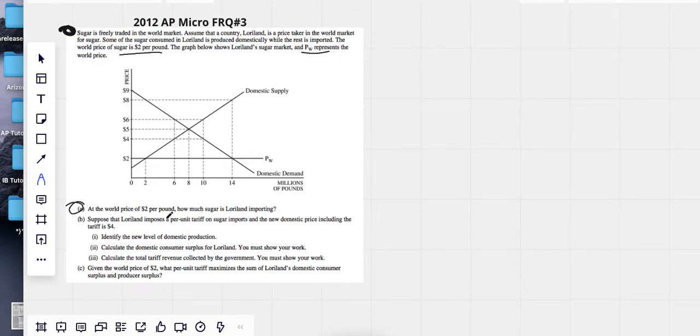At the world price of $2 per pound, how much sugar is Laura Land importing? Well, originally, with no world trade at all, the price was $5 and the quantity was 8. Our domestic producers would supply 8 at that equilibrium price.